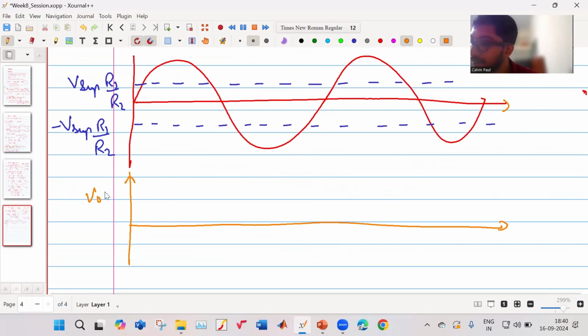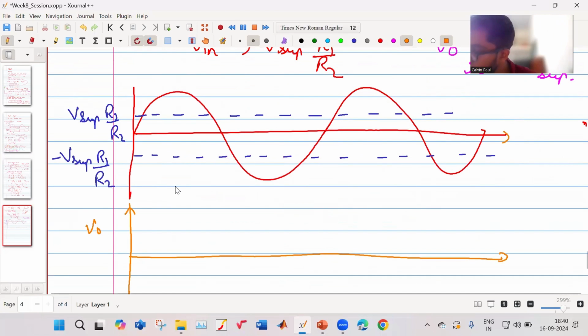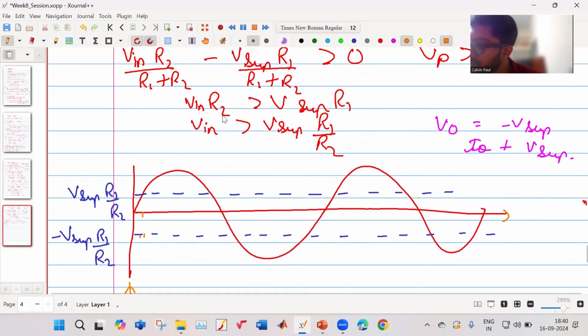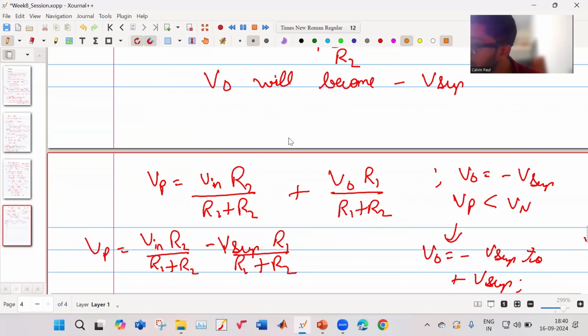Okay. So let's assume my V output was positive. And we saw that when my Vn becomes greater than V supply into R1 by R2, then it becomes positive.